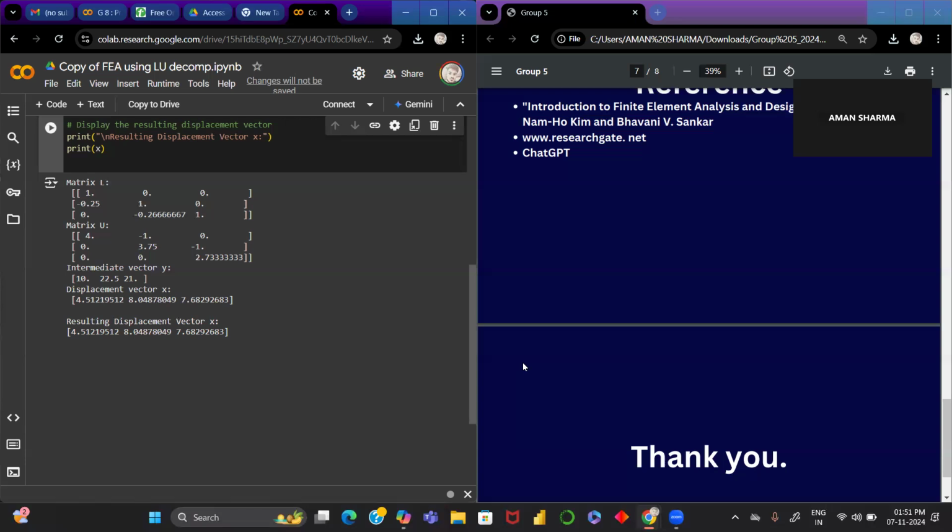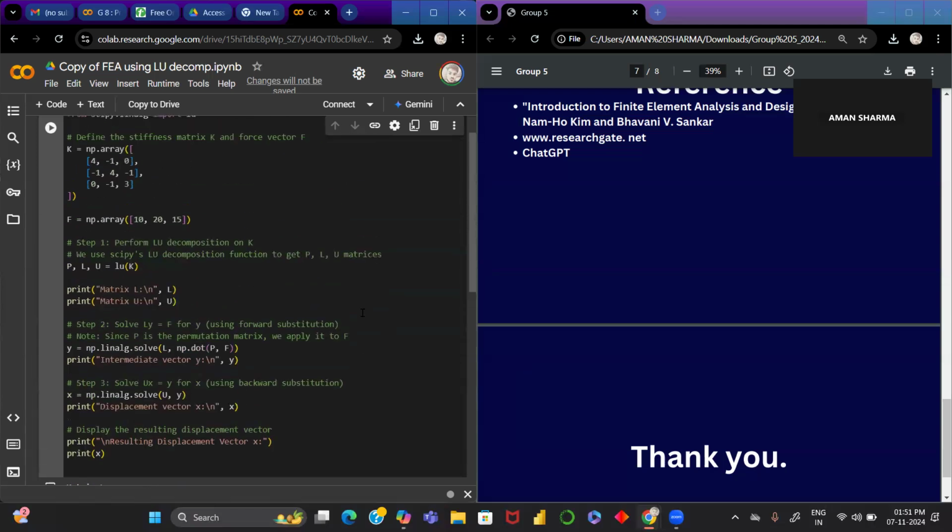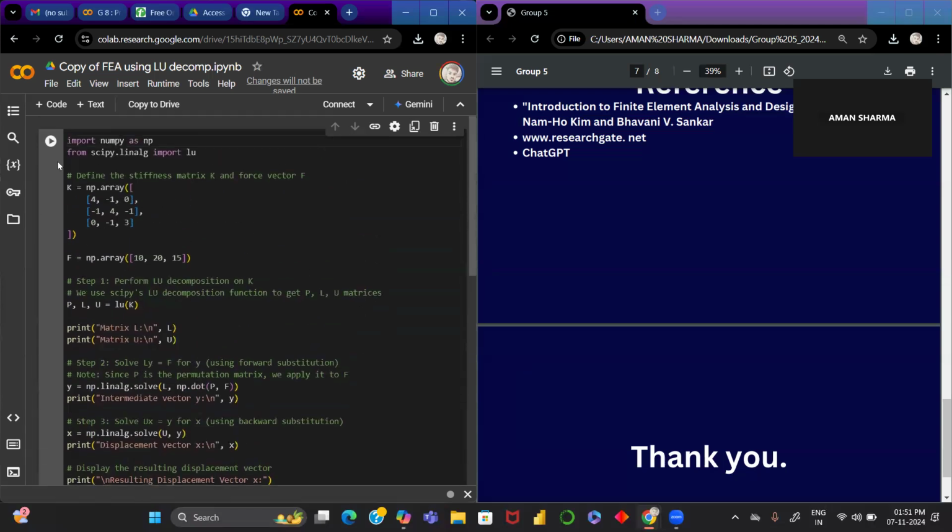Yeah, stiffness matrix. This one. Yeah, only for square matrices. Yes.